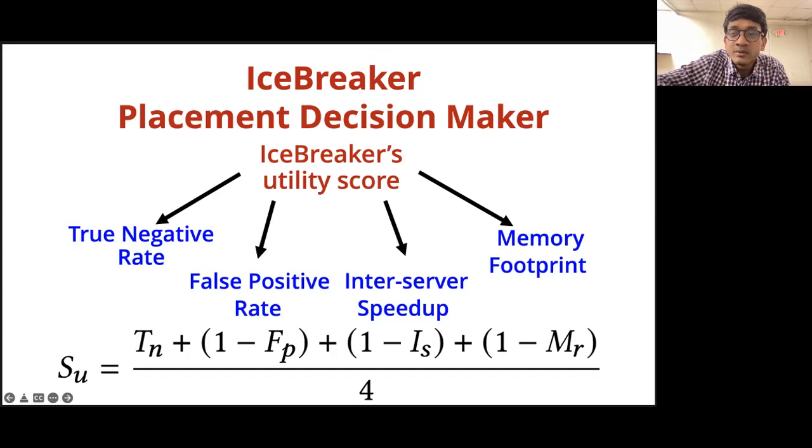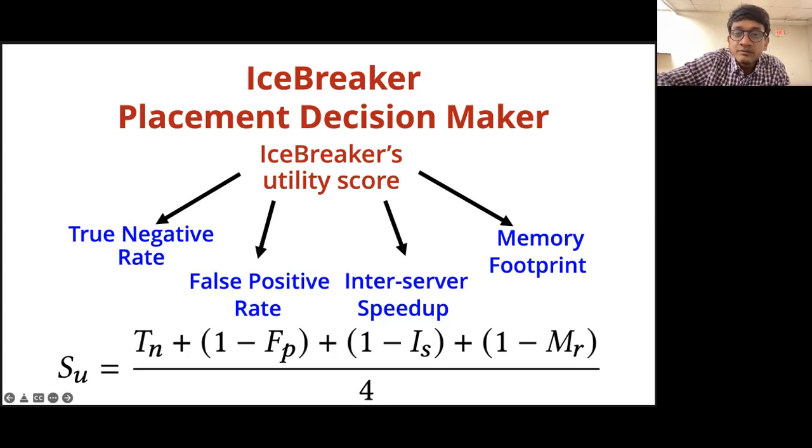Then such a function will benefit from an execution on a high-end cluster as it has seen more cold starts due to its high true negative rate. This is expressed by the term Tn. Similarly, if a function has a high false positive rate, then such a function has seen execution in the high-end cluster much more than the others. So the utility score should decrease, and it is expressed by the term 1 minus FP.